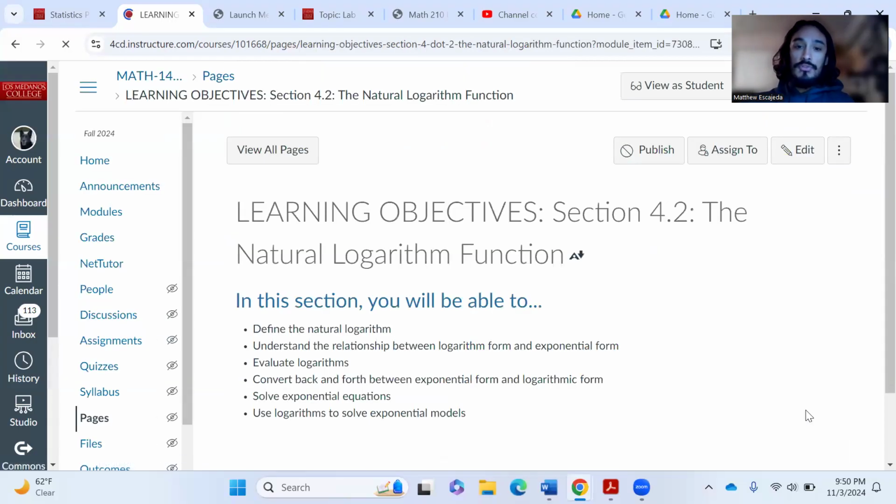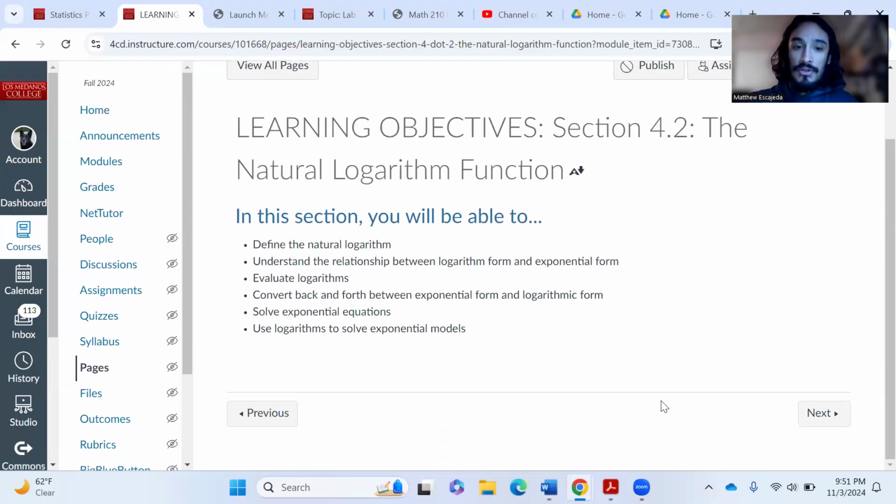And then 4.2 is where we're getting our refresher on natural logs. So natural log, like ln, not so much a log, more ln. But define natural log, understand the relationship between logarithm form and exponential form. They're related to each other in a big way.